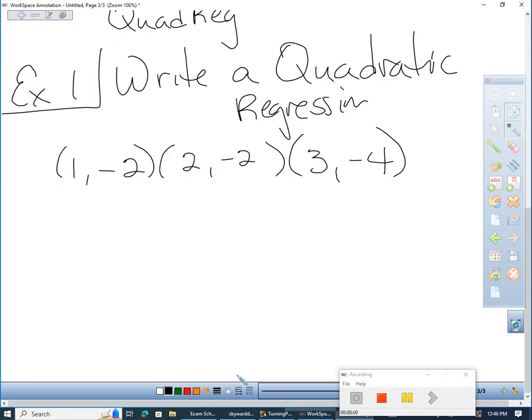All right. So we're going to go into our calculator. Go into Stat. Hit Enter on Edit. Remember that if there is already a list there, you have to go up to the L1, highlight it, hit Clear, and Enter.